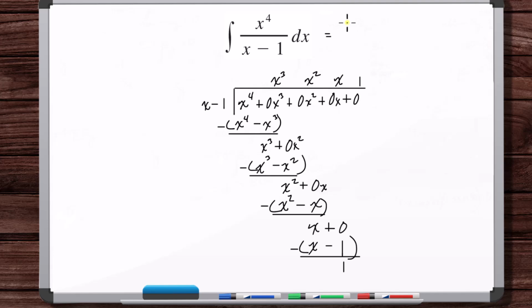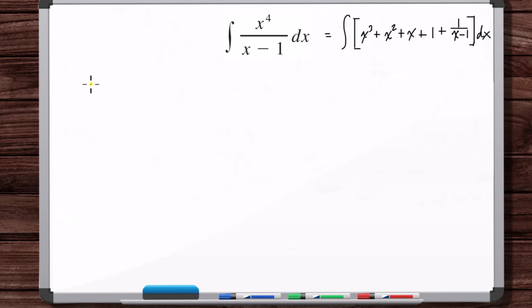Okay, so we can rewrite this integral as the integral of x cubed plus x squared plus x plus 1, then plus 1 over x minus 1 dx.